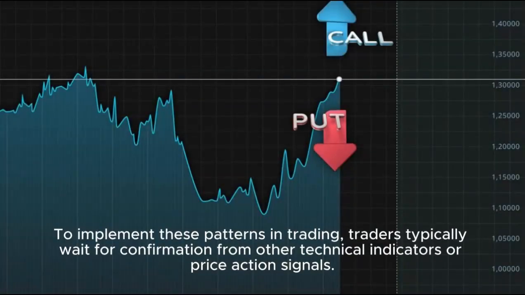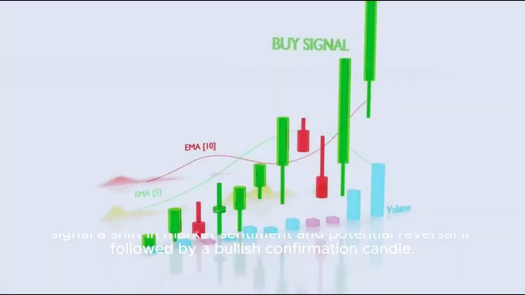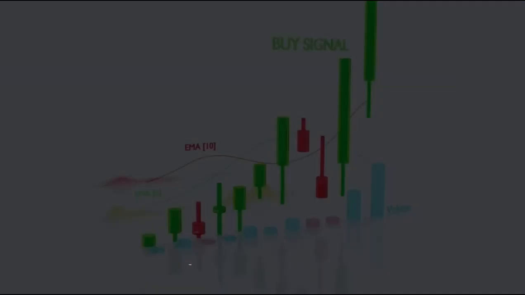To implement these patterns in trading, traders typically wait for confirmation from other technical indicators or price action signals. For instance, a bullish engulfing pattern that forms near a significant support level or after a prolonged downtrend may signal a shift in market sentiment and potential reversal if followed by a bullish confirmation candle.